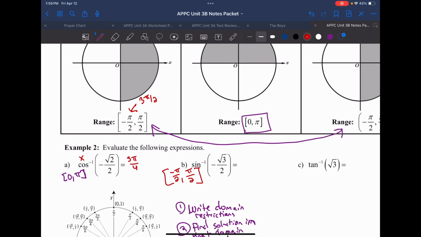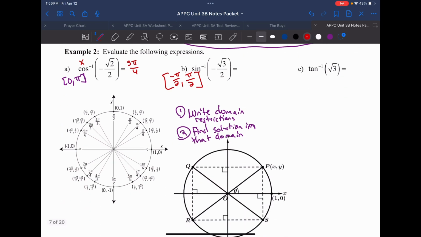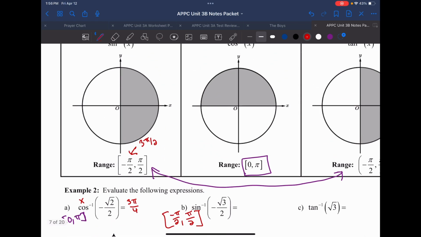Because if I'm at negative pi over 2 and I add the period of the unit circle, if I add 4 pi over 2, that'll give me 3 pi over 2. So I'm looking from here to here. And that kind of helps you think about it, right?